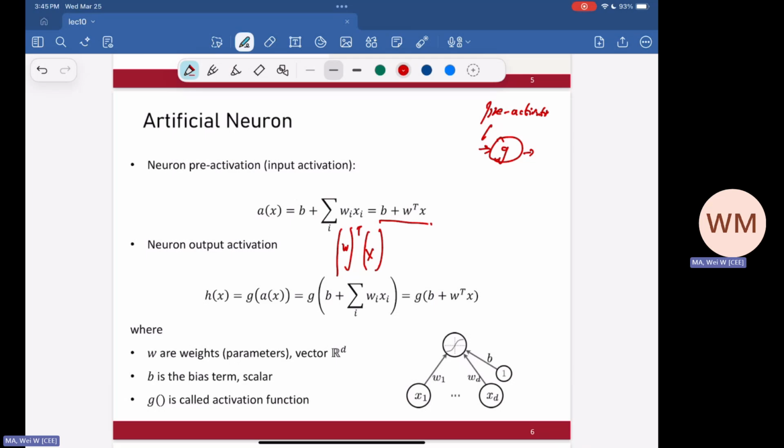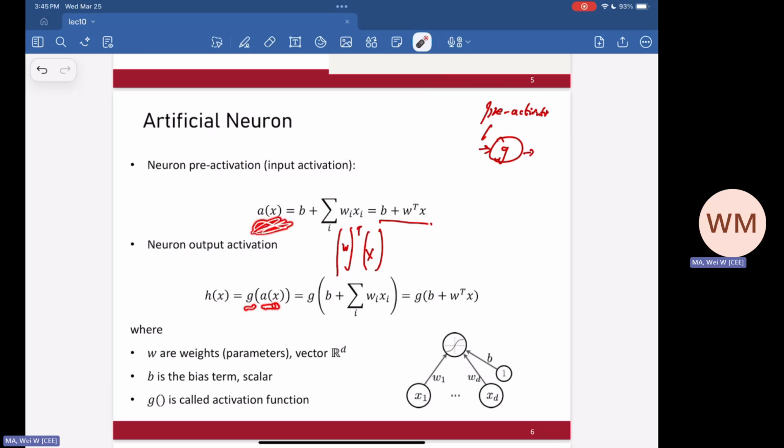Here the activation function is G. It can be many things, so I just use the general term G. Given h(x), you apply this G function to a(x), and a(x) is here. You just plug it in. Very straightforward.